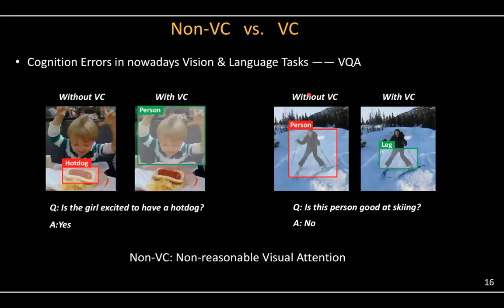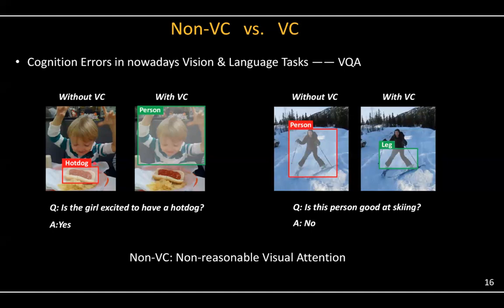Another computer vision task is VQA. Without visual commonsense and with commonsense, although the answer to the question "is the girl excited to have a hot dog" is always yes, the reason the model gave this answer is different. Without the visual commonsense, the model will focus more on the hot dog, because if you have a hot dog, then you have a person.